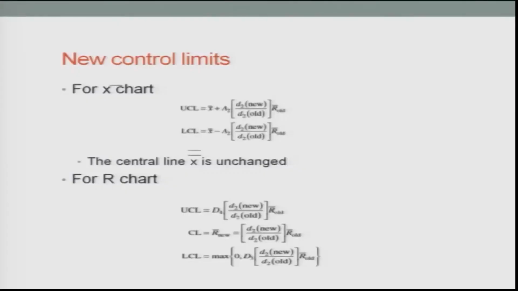Now, one important thing to remember is X double bar, which is the central line. Let me come back to it. Let me use the black color, it will be easier for me to specify. So, this is the X axis, this is the Y axis, and you have the central line as given.